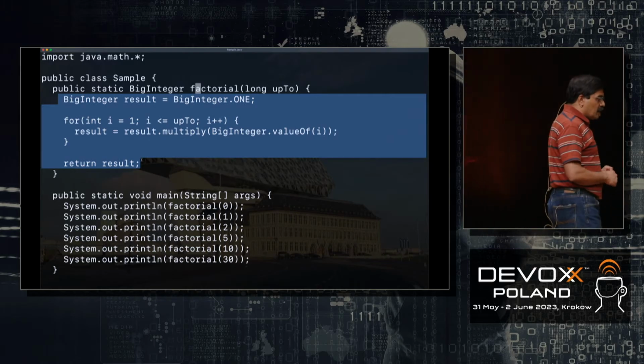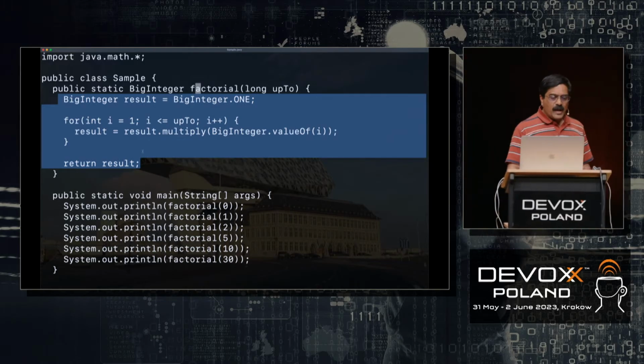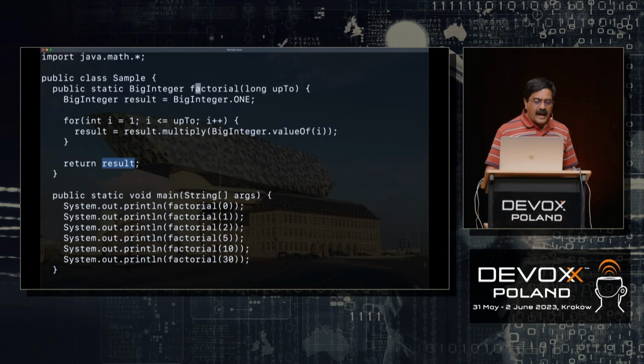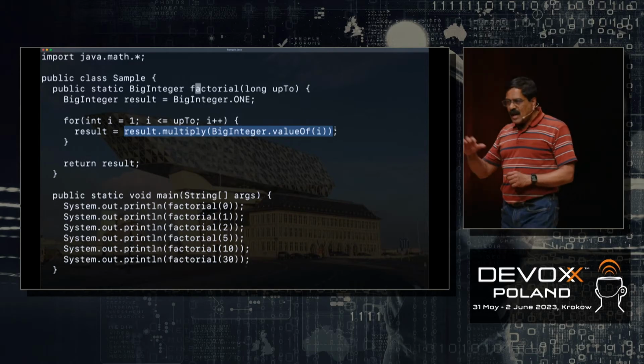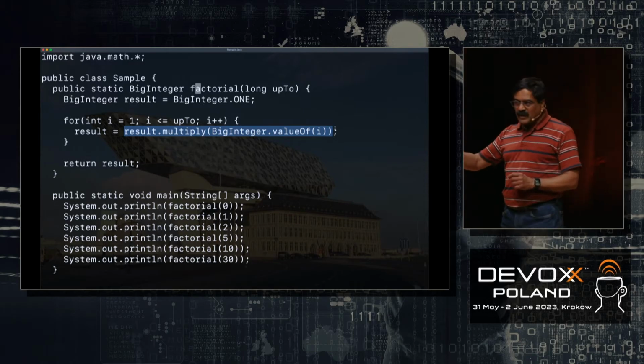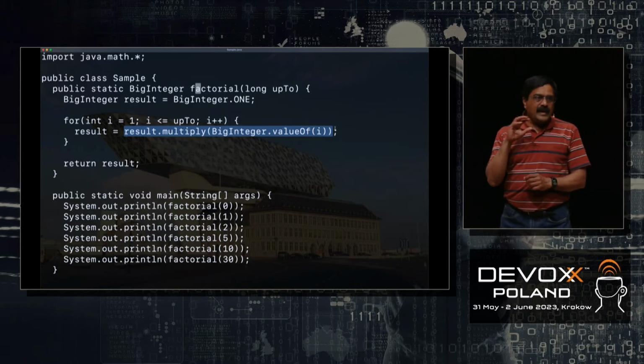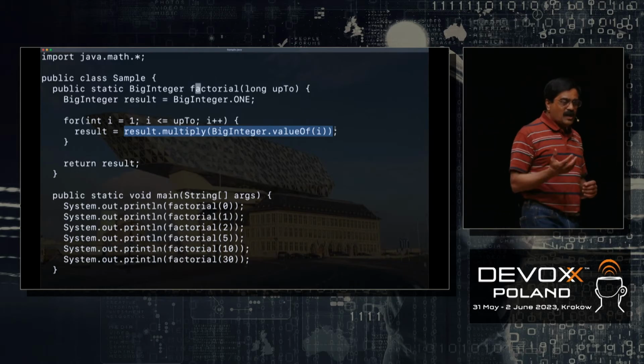But in this particular example, if you notice, we are getting one result in the end, where we are taking the result and multiplying that result with another value. That's a successive refinement of the value. Anytime you see a successive refinement of a value, that's immediately a clue to look for a reduce operation.